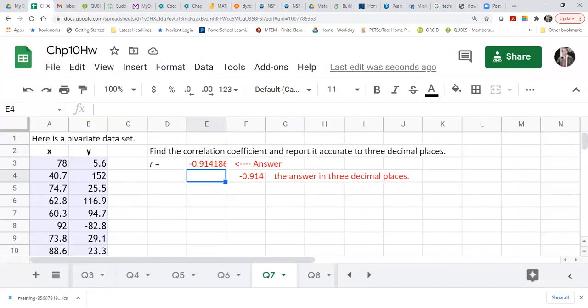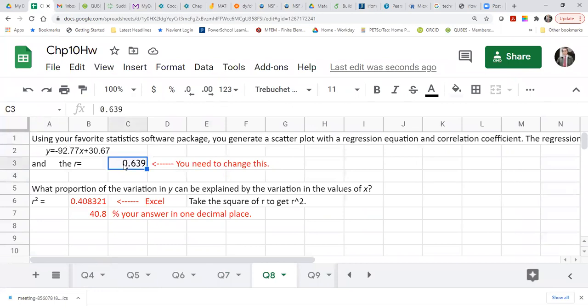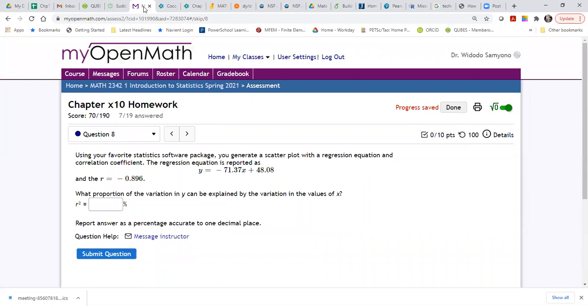So number 8, you put the R here first, negative 0.896.